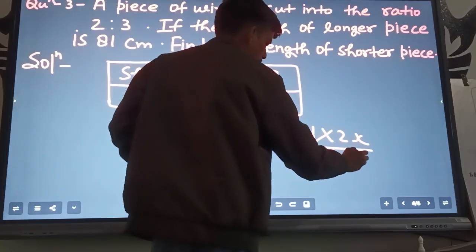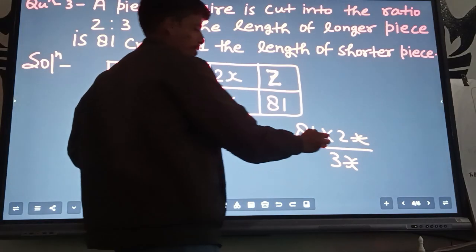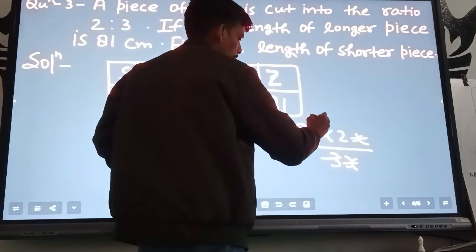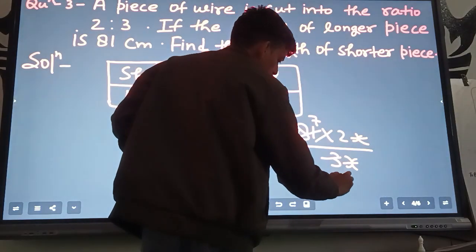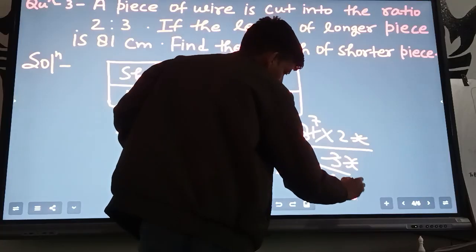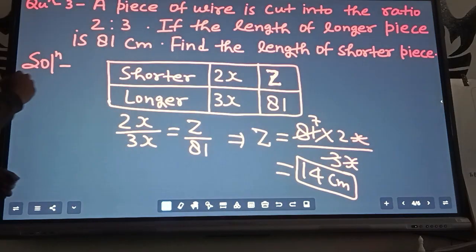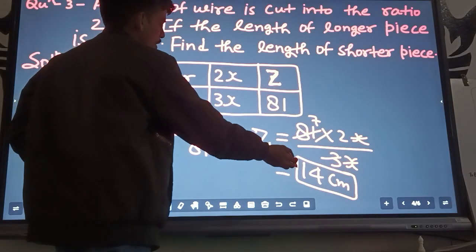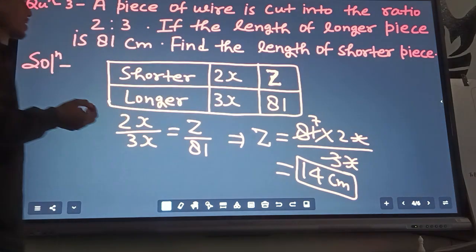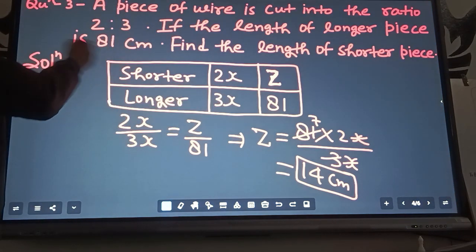X cancels. 3 27s are 81, means z equals 54 centimeter. It is the value of shorter.